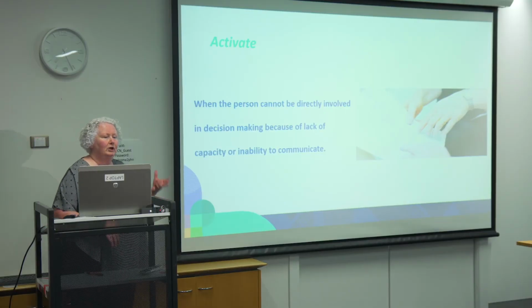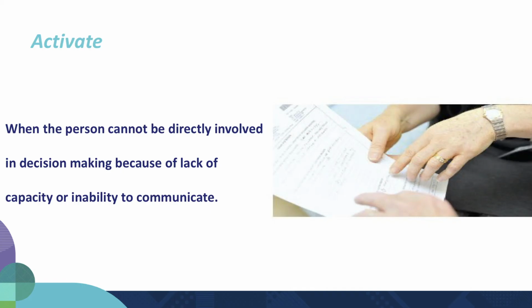And of course, the time to activate an advanced care directive is when the person has lost decision-making capacity and can no longer be directly involved in decision-making about their care. I actually think that advanced care directives have a broader role than that. So I see them as being all wrapped up in health literacy and shared decision-making as well.